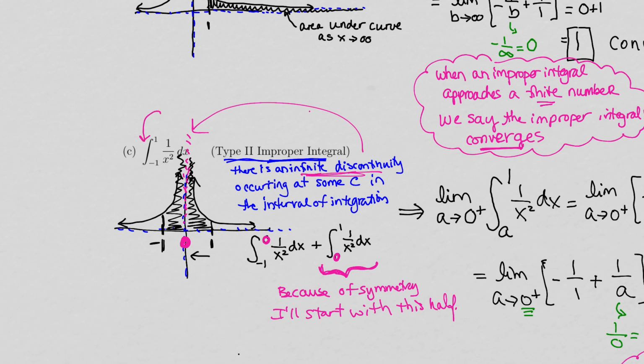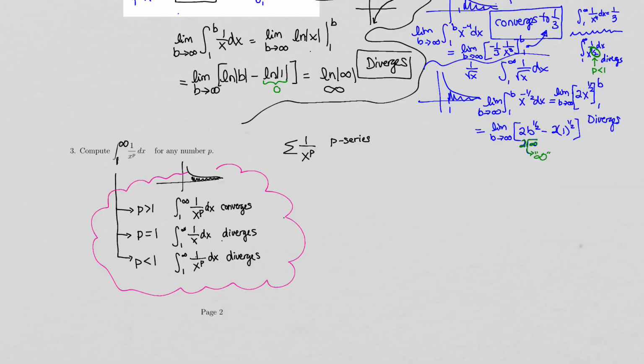You don't necessarily think that 0 is going to be an issue, but there is. So type 2 improper integrals are often hidden. They come from finite limits, but there's an issue in between those finite limits. Or maybe one of the ends causes an improper infinite thing.